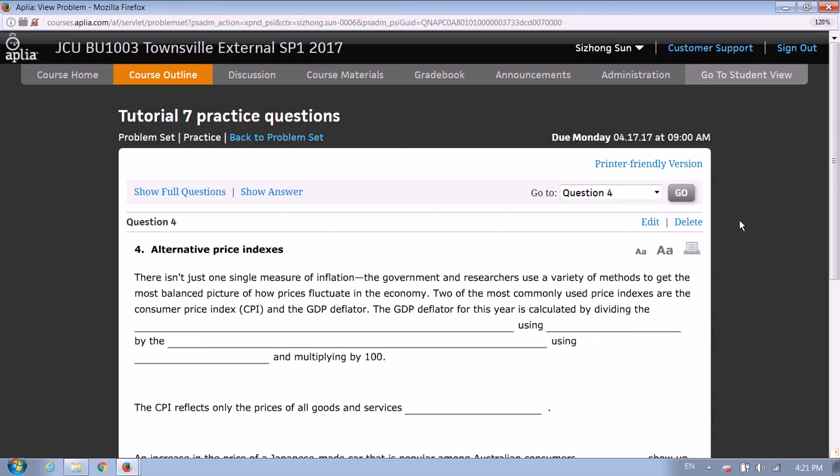Alternative price indexes. There isn't just one single measure of inflation. The government and researchers use a variety of measures to get the most balanced picture of how prices fluctuate in the economy. Two of the most commonly used price indexes are Consumer Price Index and GDP deflator.